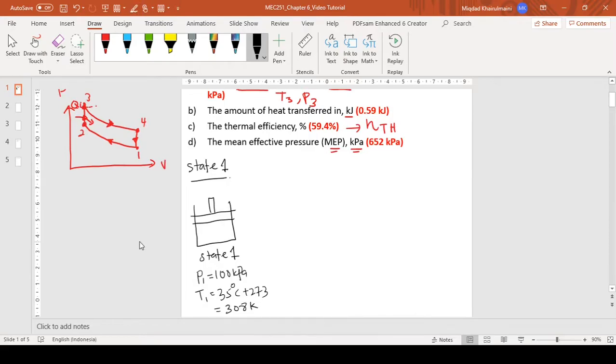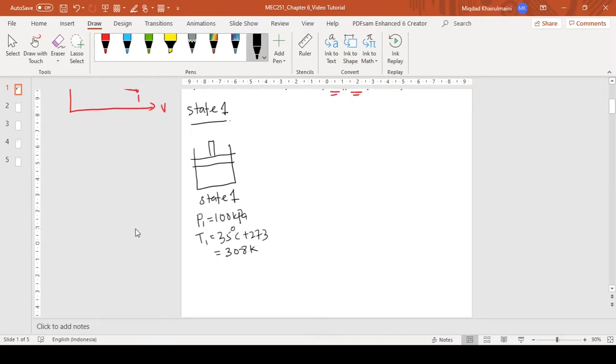And we also know the volume, 600 cubic centimeters. We can convert it into cubic meters, 0.0006 meter cubed. This is basic mathematics, so make sure you know how to convert cubic centimeters to cubic meters.